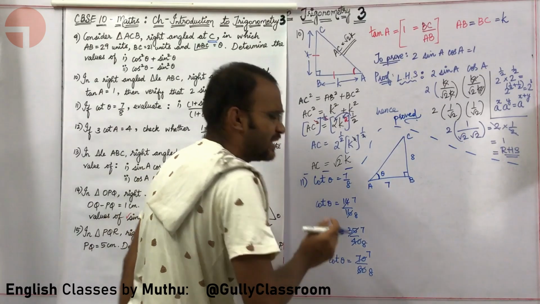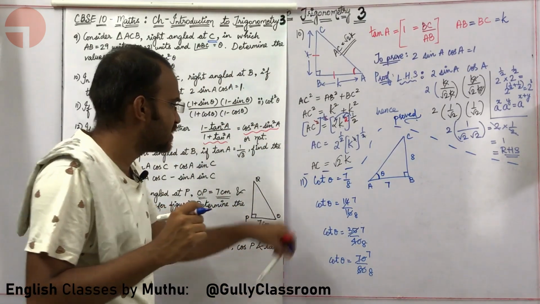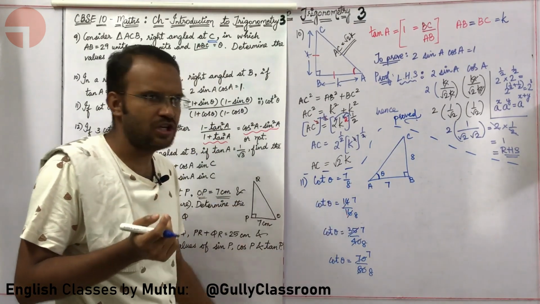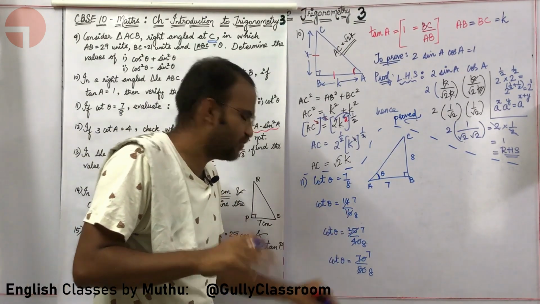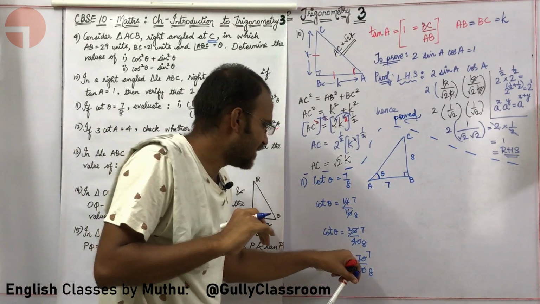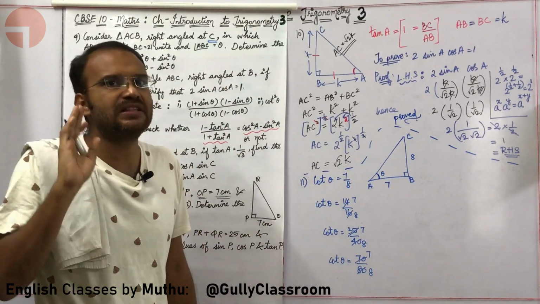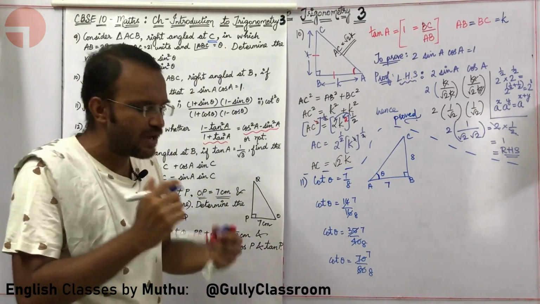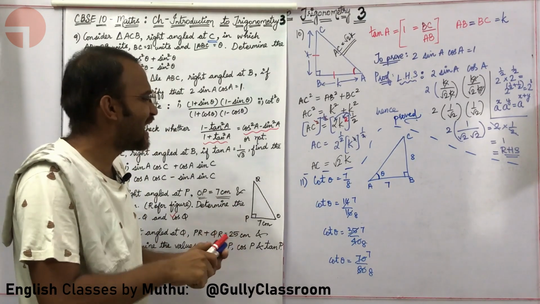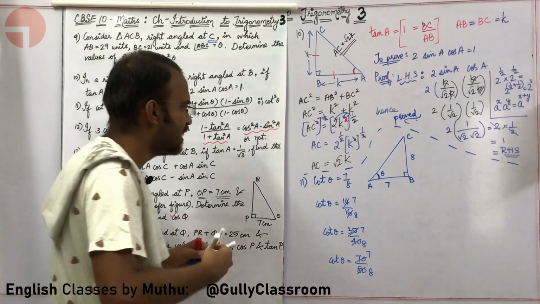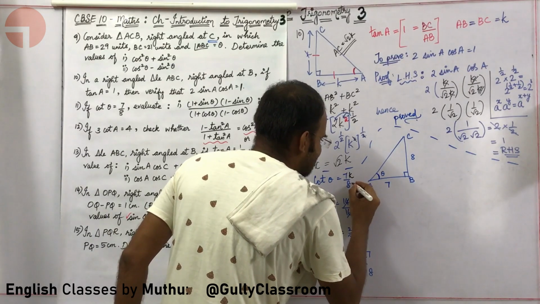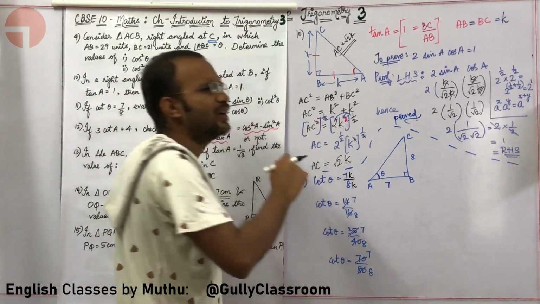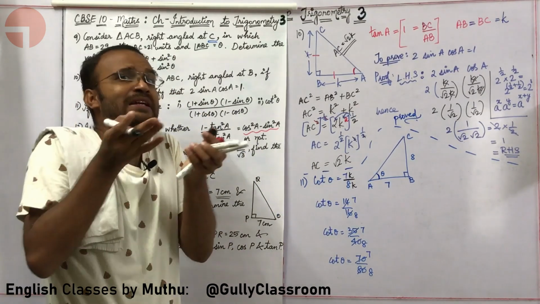Why are you elaborating like this, sir? The idea is, if cot theta is 7 by 8, it can be 14 by 16, or 35 by 40, or 70 by 80, or any other same multiple of 7 and 8. So there can be a value of k attached here and here in this particular ratio, because all trigonometric ratios are indeed ratios.